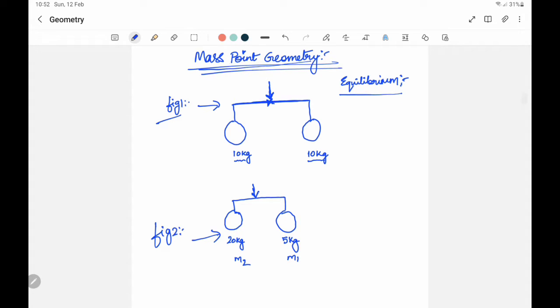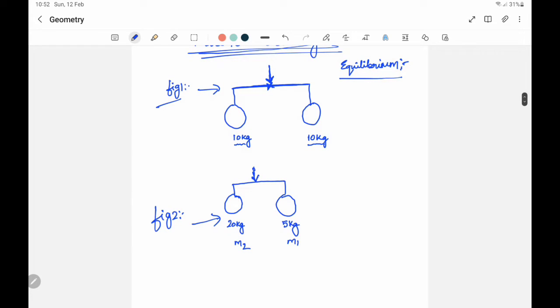Now let me take figure 2. In figure 2, there are weights of 20 kg and 5 kg on the left and right hand side respectively. If I hold this rod at this point, will it be in a state of equilibrium? No, because the weights on the left and right hand side are different.